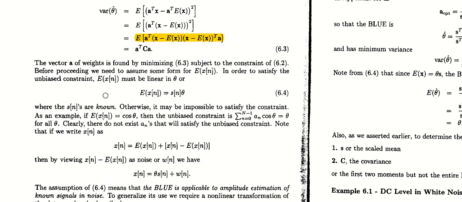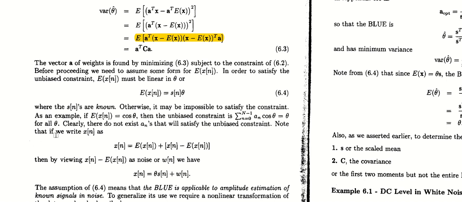As an example, if expect of x_n is equal to cosine theta, then the unbiased constraint is that the expectation equals a_n cosine theta, and it has to be theta for all theta. Clearly there does not exist an a_n that will satisfy the unbiased constraint.